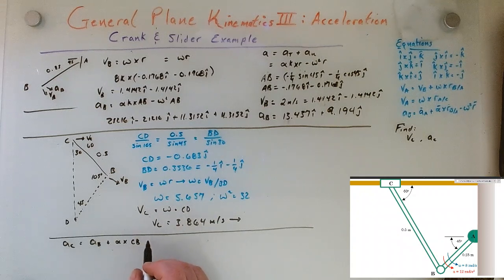Okay, and it is CB. And then minus omega squared, and then CB. Actually, it's BC. Right, because we're calculating the acceleration of that. BC. Sweet. Okay, so what is BC?